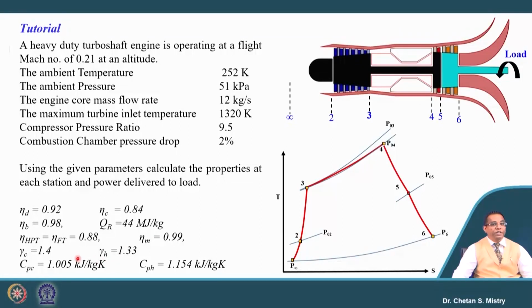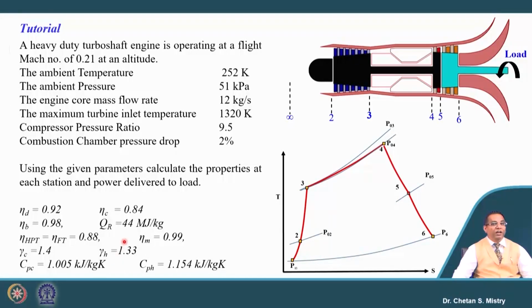The value of Cp for air is 1.005 kilojoule per kg Kelvin. Cp for the hot gas is 1.154 kilojoule per kg Kelvin. The gamma value is 1.4, and for the hot gas it is 1.33.